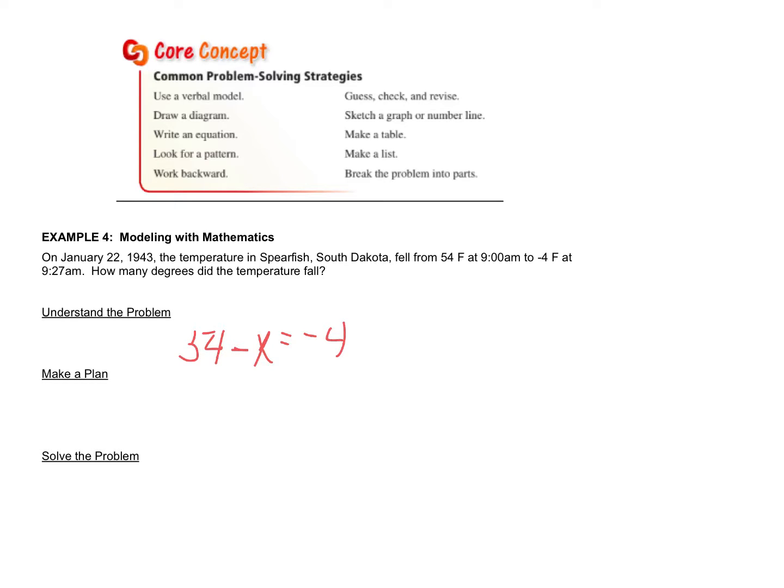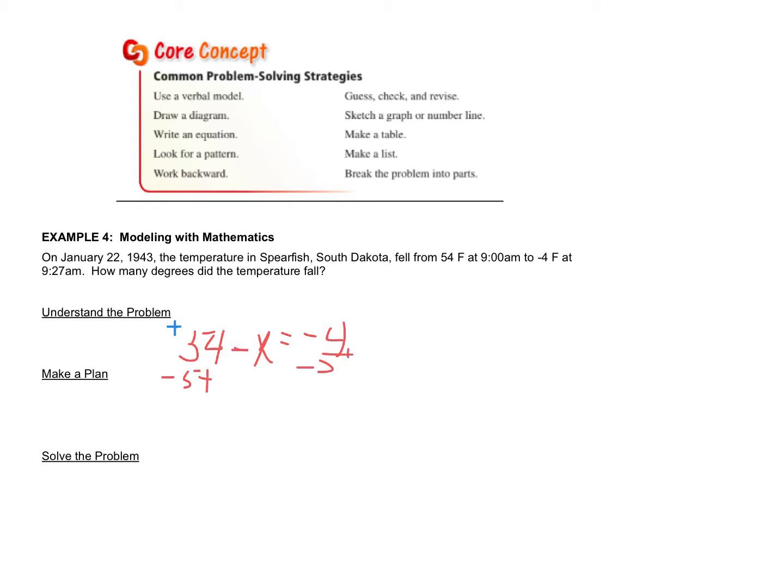Now notice what I said was x. So here's one of the things that we sometimes can run into trouble with. We don't see a positive or plus sign here, but we all know that if I don't write that plus 54, we just write 54, we know that that's a positive. So to move the 54, I need to do the opposite of plus 54, which is minus 54.